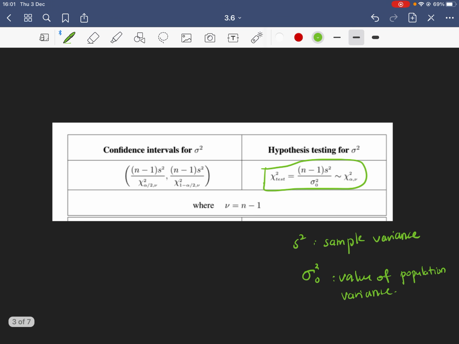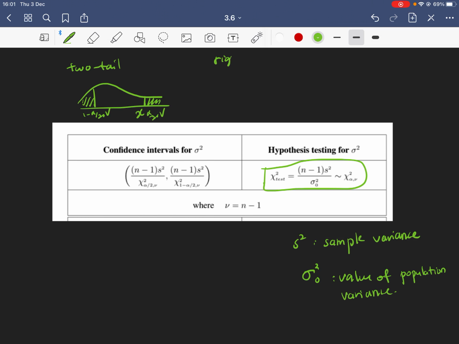Recall, if it is a two-tail, you have two shaded regions: chi-square alpha over 2, nu, and 1 minus alpha over 2, nu.